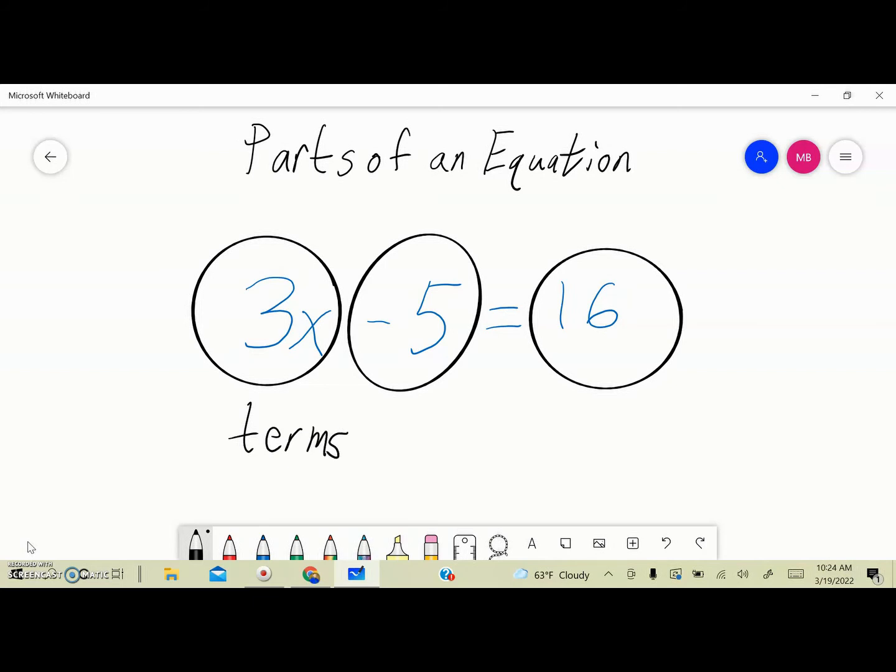So they're each different parts of the equation. They're each going to be known as terms. So if I look at this equation, 3x minus 5 equals 16, I have 3 different terms. 3x would be 1, -5 would be the second, and 16 would be the third.